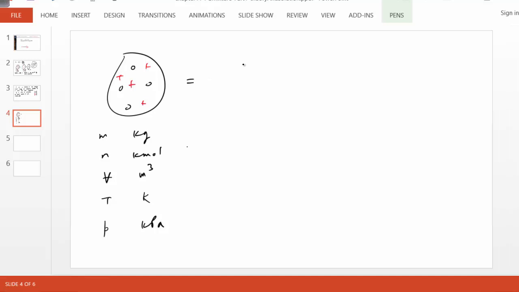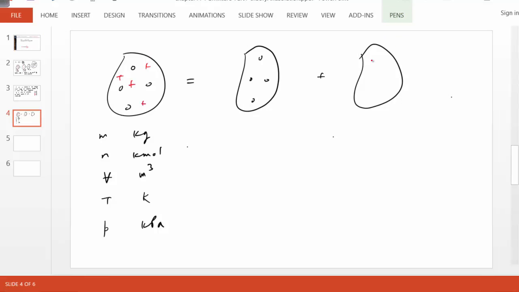Well, according to Dalton, we can, sorry, my diagram doesn't look exactly identical, but you understand it's the same volume, same system. And here we have only black molecules, and here we have only the red molecules.